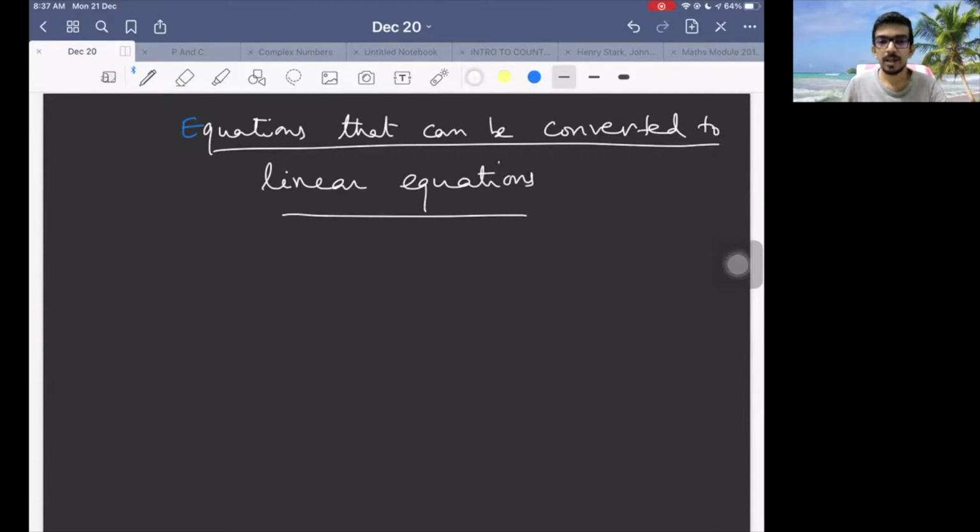These are also common questions in SAT. So when you see such a question, you should be able to figure out what kind of an equation that is, and you should be able to crack it.